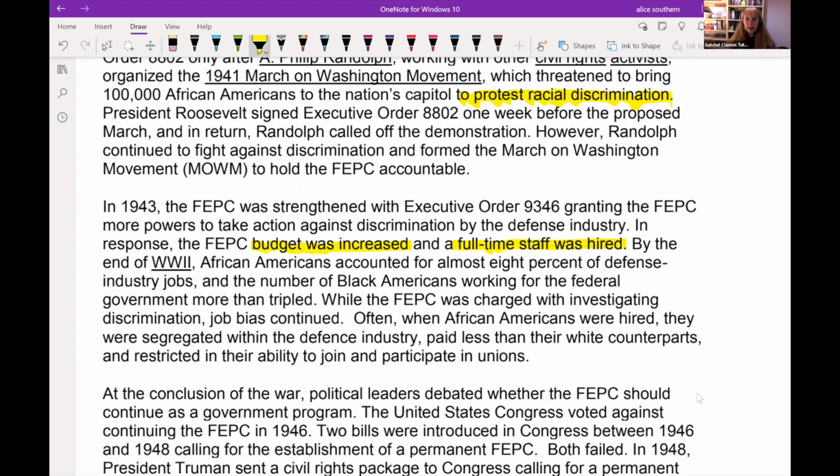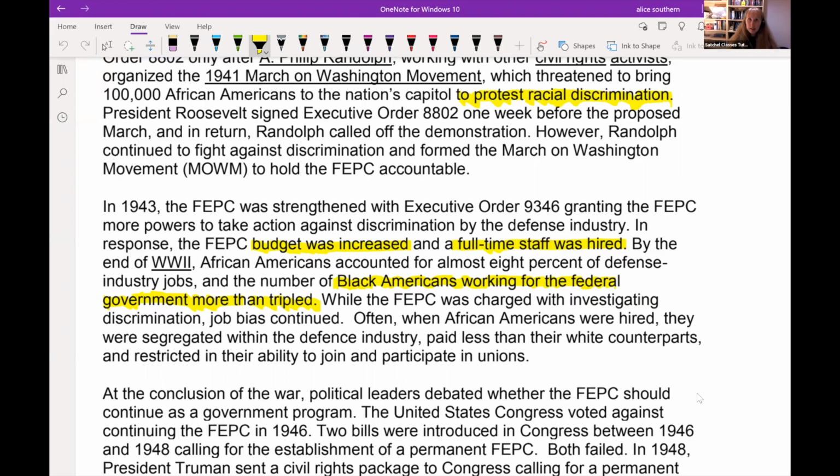Remember, Roosevelt's a progressive, he's a Democrat. So by the end of World War II, African Americans accounted for almost 8% of defense industry's jobs, and the number of Black Americans working for the federal government more than tripled. Now, this is really significant, because if you've got Black people in a position of power, that's going to increase their status, and their standing in the whole of society.